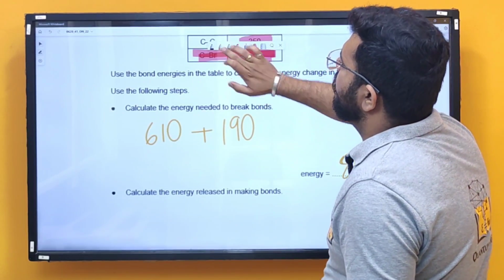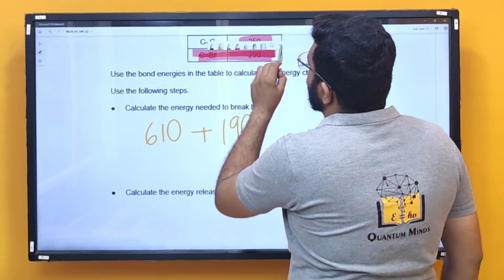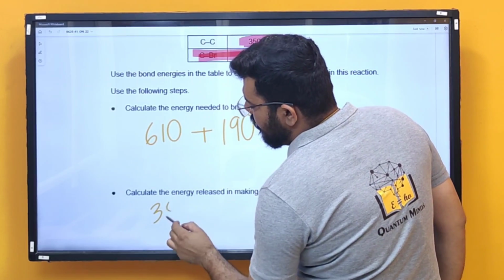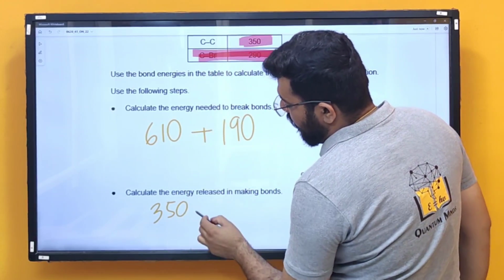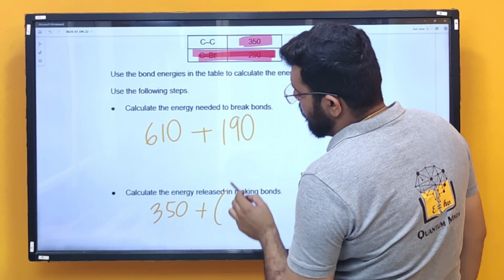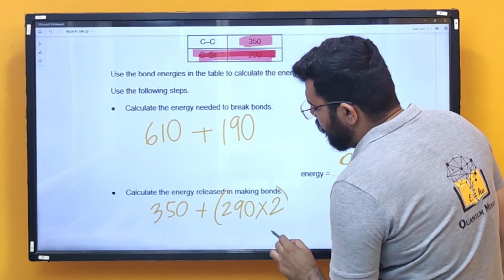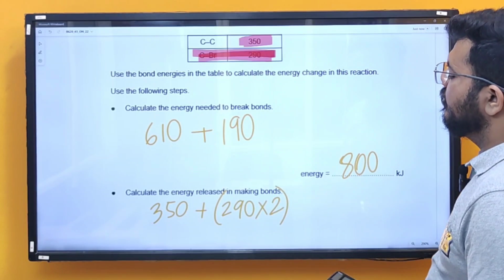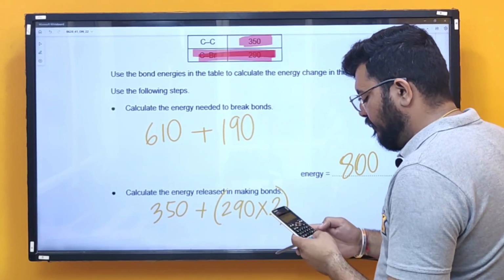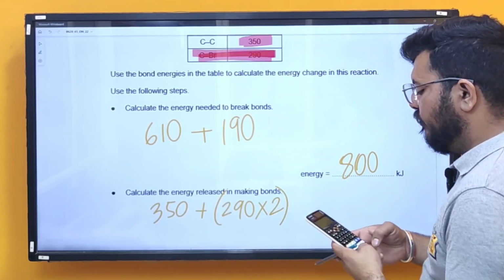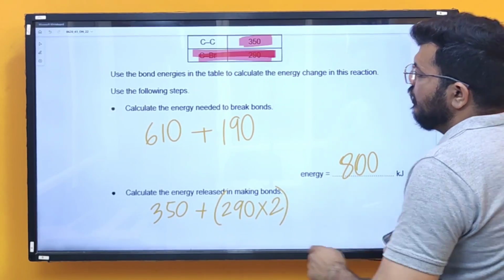So let's copy that information here. You have 350, which is the carbon-carbon bond, plus C-Br, which is 290 times 2. So 300 times 2 is 600, minus 20 is 580, and 580 plus 350 gives me 930.